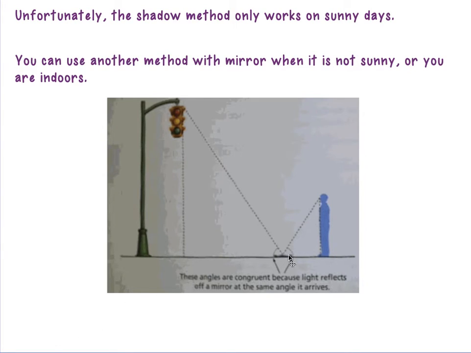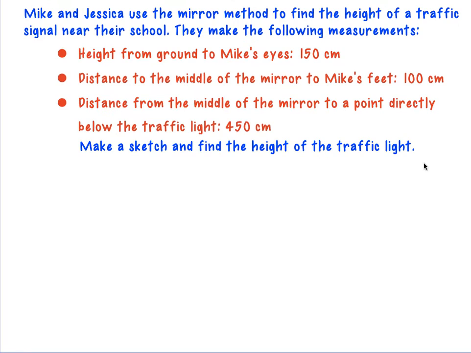So now we have an instance where we're using the mirror, but the whole process is exactly the same. So in this case, we are going to look at this information where the height from the ground to Mike's eyes is 150 centimeters. And the distance from the middle of the mirror to Mike's feet is 100 centimeters. So that's different. The distance from the middle of the mirror to a point directly below the traffic light is 450 centimeters.